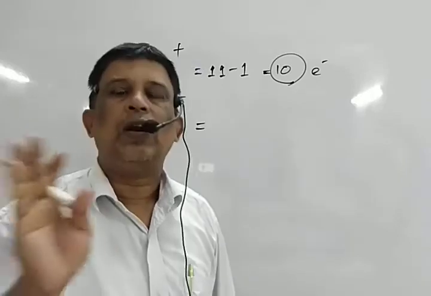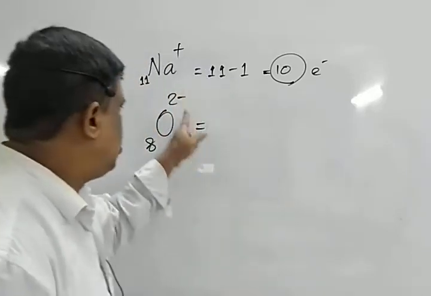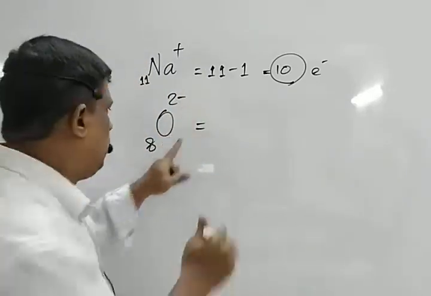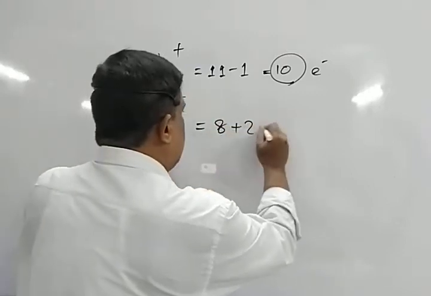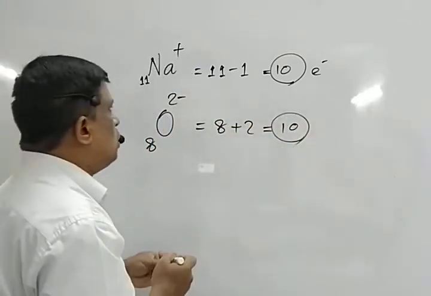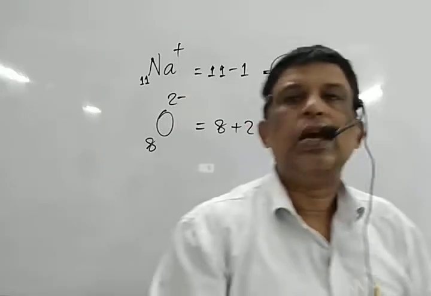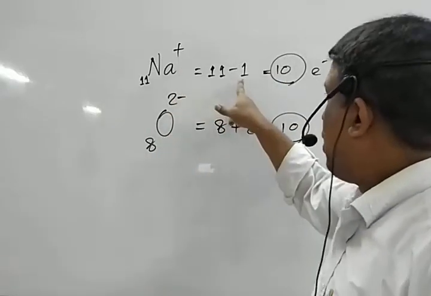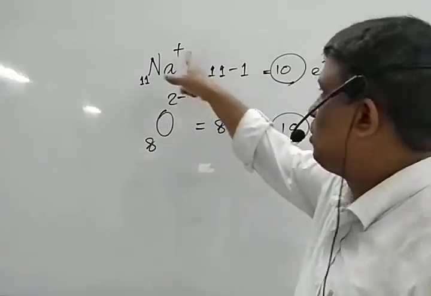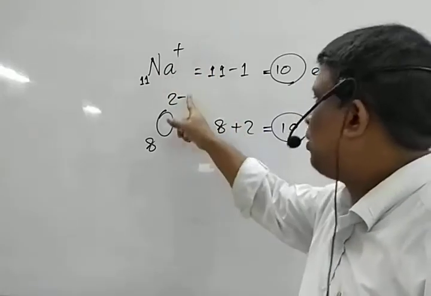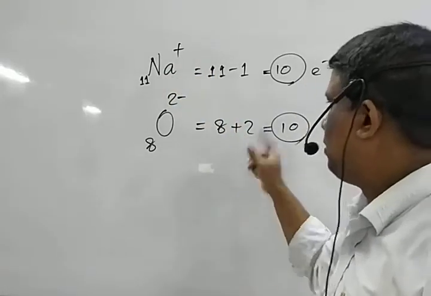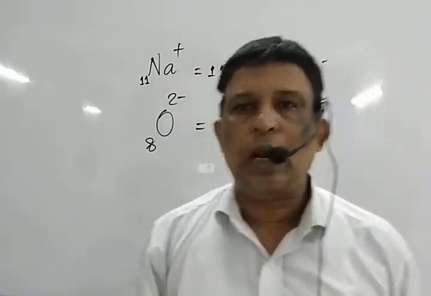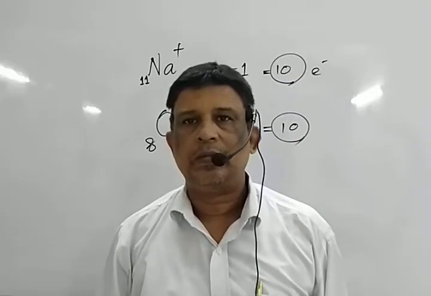If it is neutral, number of electrons is 8. As it is minus 2, it gains 2 electrons, so total number of electrons is 10. So in case of ionic species, for cation, you have to subtract the charge, and in case of anion, you have to add the charge in order to get the total number of electrons.